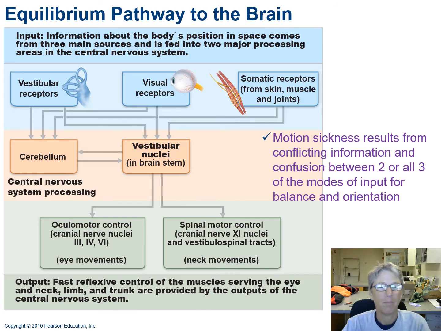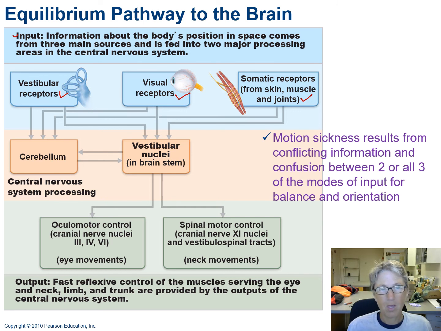This is a cartoon of the equilibrium pathway to the brain. So it says at the top, input. Information about the body's position in space comes from 3 main sources: the vestibular receptors, the visual receptors, and the somatic receptors, or proprioceptors in the muscles and joints, and then somatic receptors in the skin.